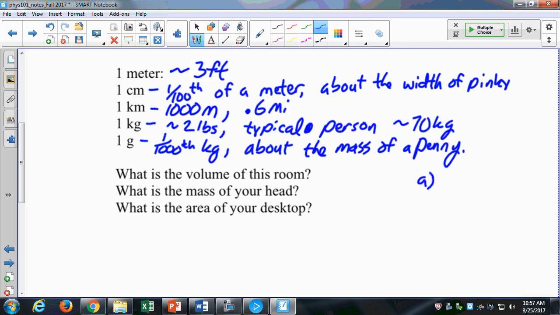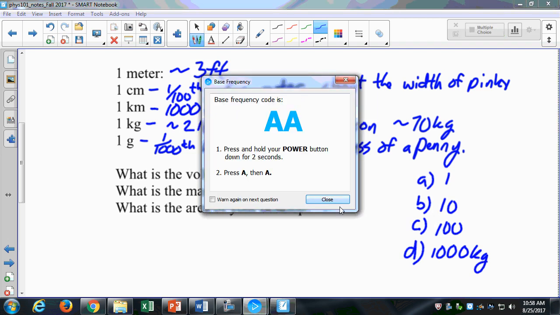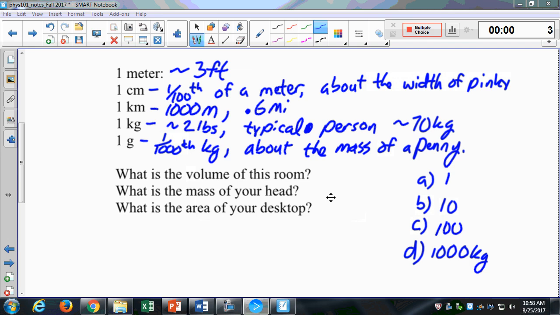Let's do that as a clicker question. Is it 1, 10, 100, or 1,000 kilograms? The mass of your head. What is the mass of your head?